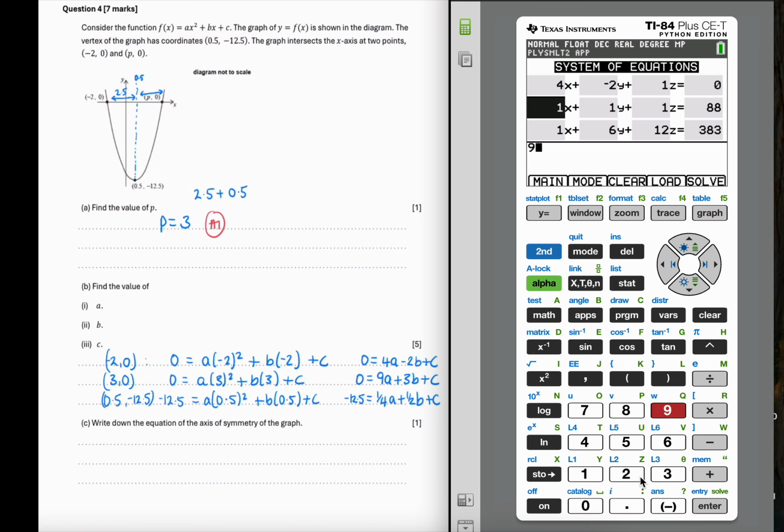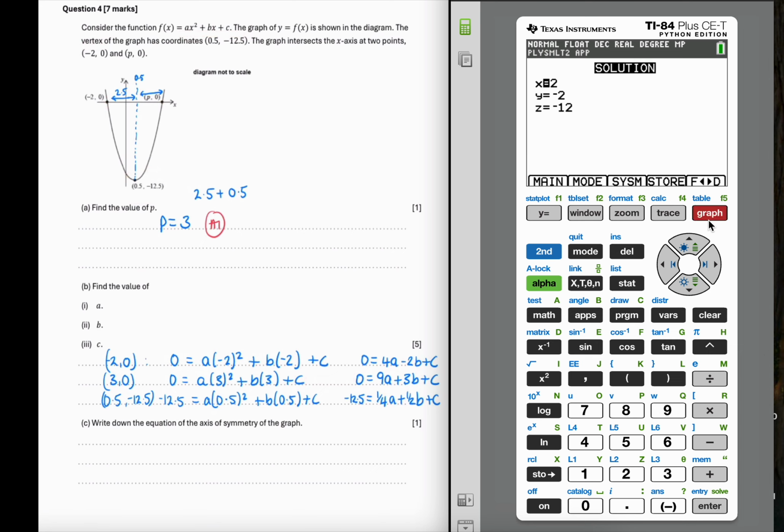And then the second one is 9a, 3b, and 1c, and that also equals 0. And then the last one is 1/4, so 0.25, 1/2, so 0.5, and 1c, and that equals negative 12.5.